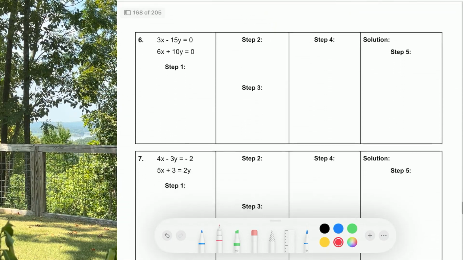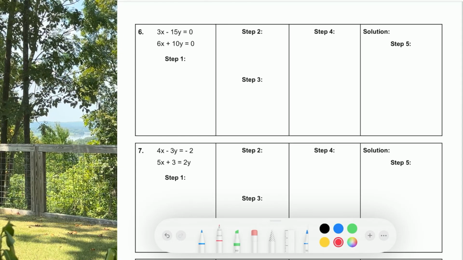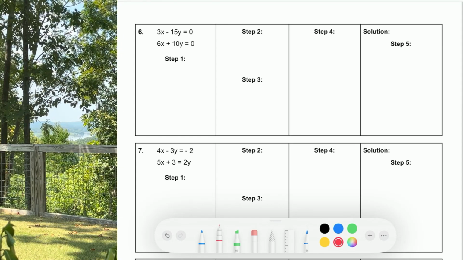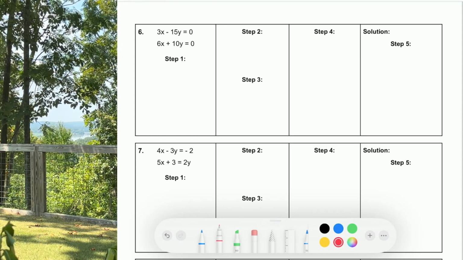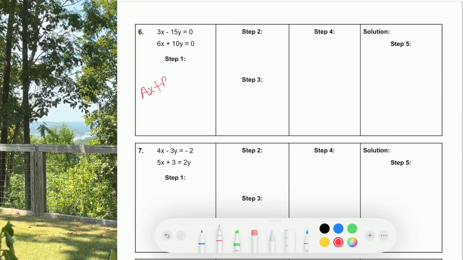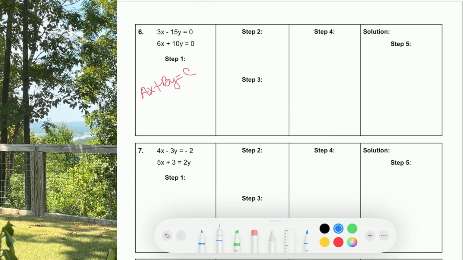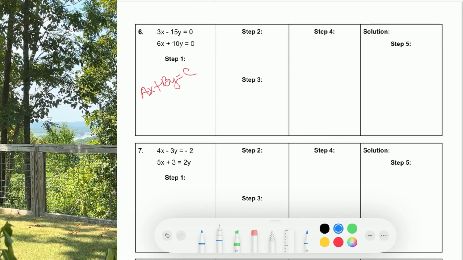Next problem, number 6. We have 3x minus 15y equals 0, and we have 6x plus 10y equals 0. They're in the proper format of ax plus by equals c, so we don't have to do anything with that. So I'm going to go ahead and rewrite them under step 2.